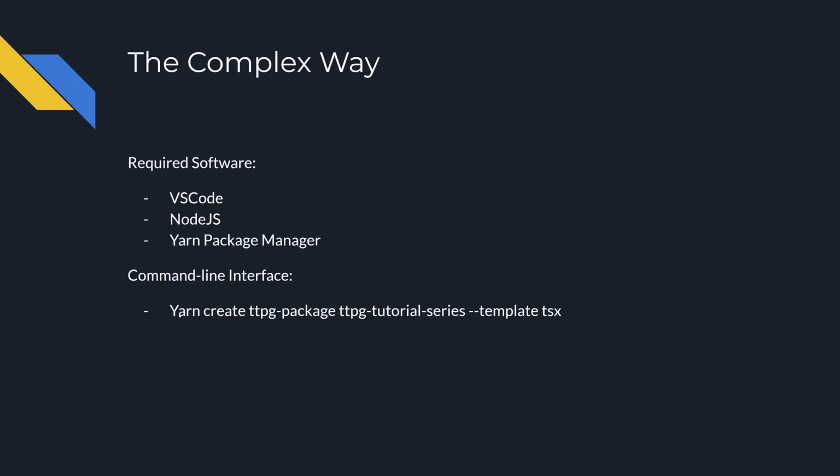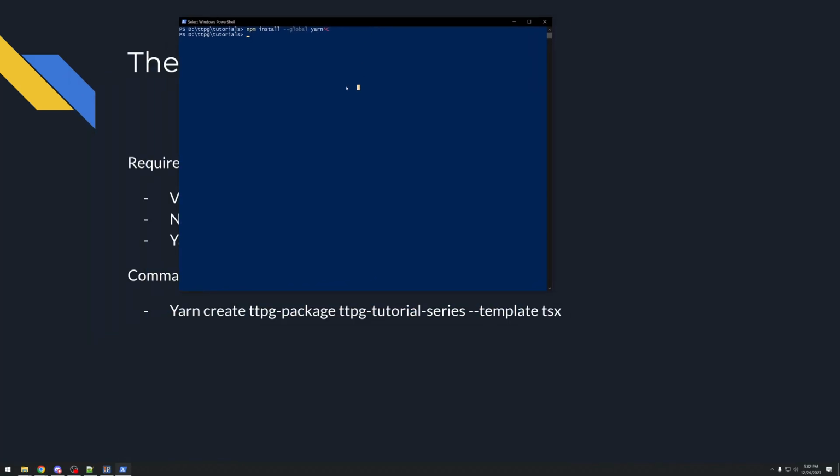Now, at that point, you're going to run this in that same command line interface. Yarn create ttpg-package, the name of your package, which in this case is going to be ttpg-tutorial-series, and this little double dash, what's called a switch, or an extra parameter kind of thing, --template tsx.